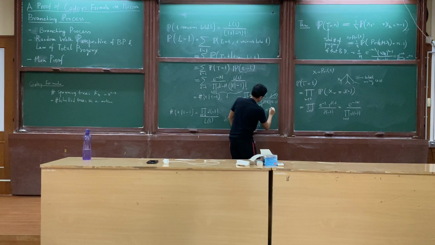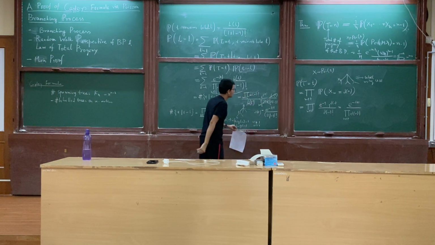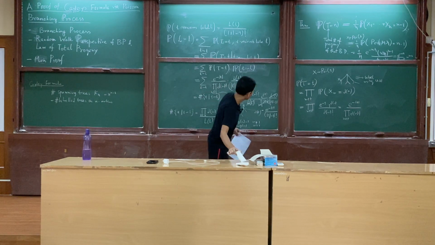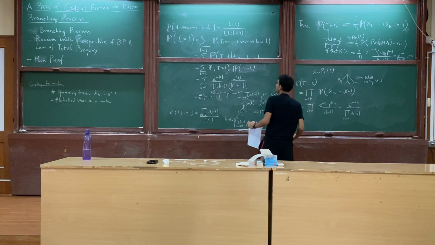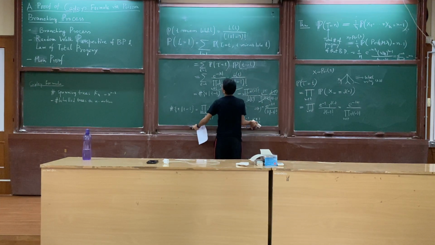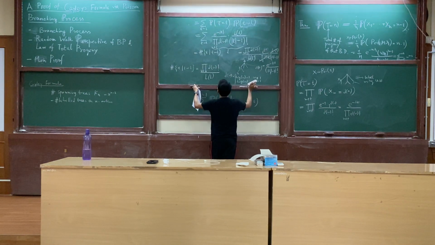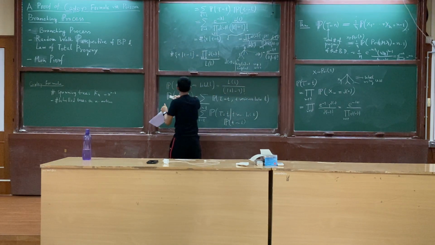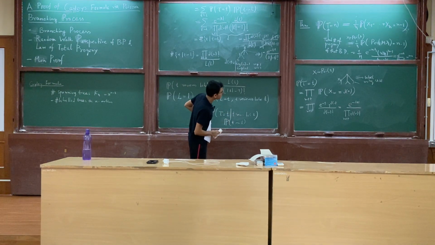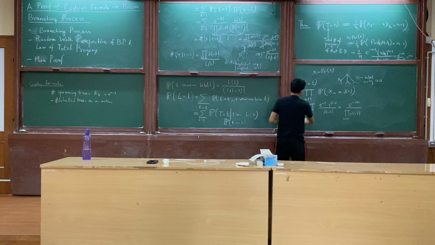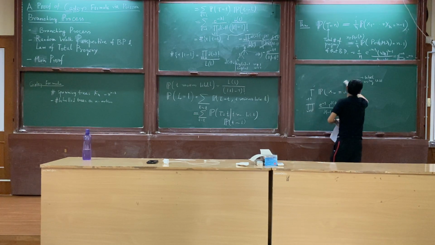So what remains? e to the power minus n divided by n minus 1 factorial.